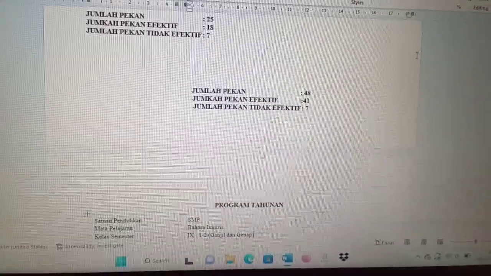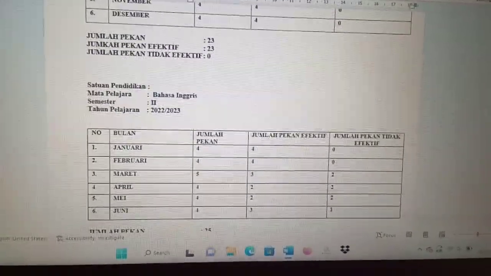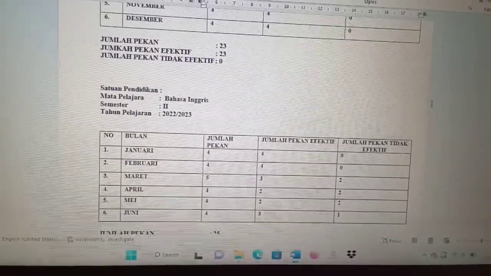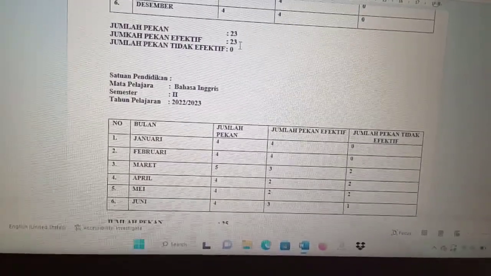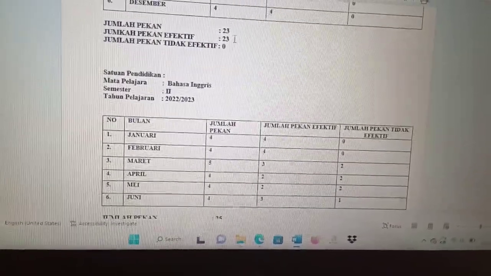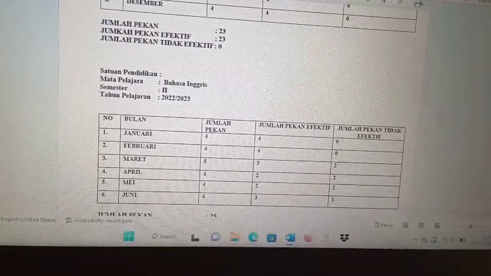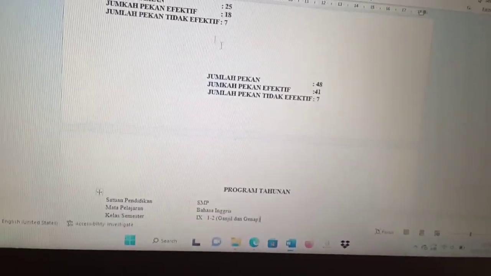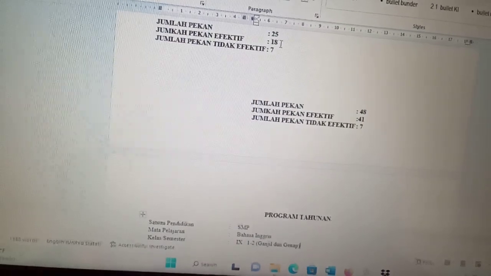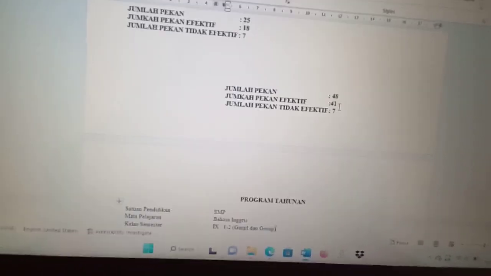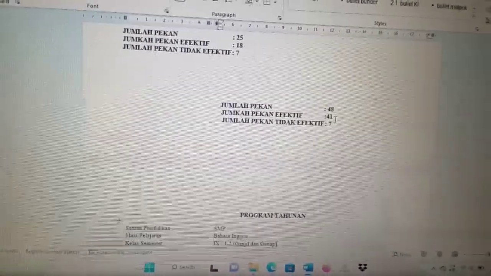Then minus how many weeks? 0 week in the first, 23 weeks of effective weeks in the first semester plus 18 effective weeks in the second semester equal to 41 effective weeks.